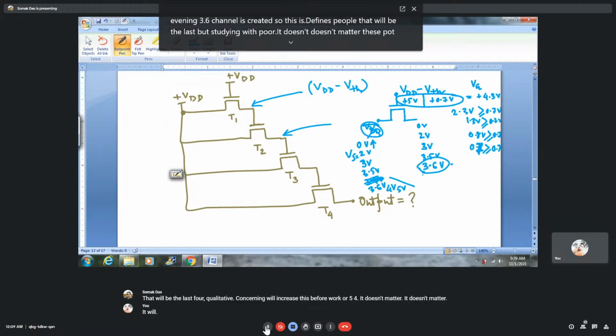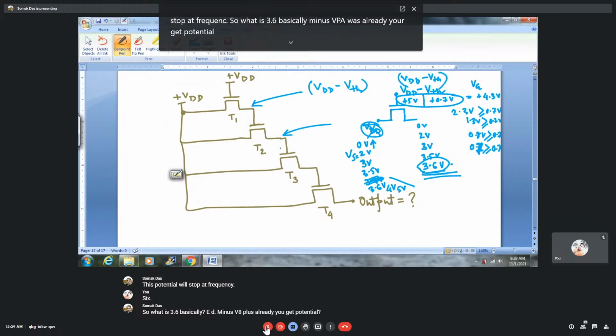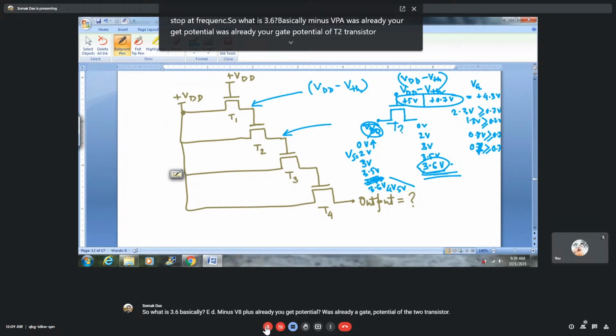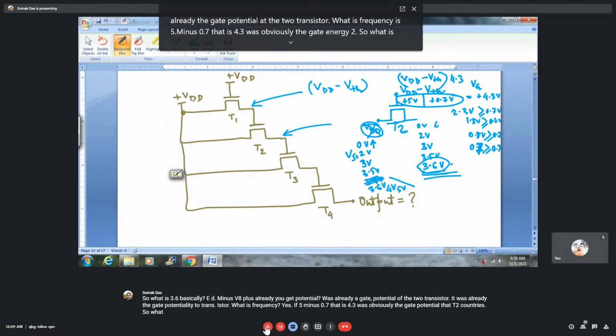This potential will stop at 3.6 volt. So what is 3.6 basically? VDD minus VTH was already the gate potential of T2 transistor. What is 3.6 then? It is 5 minus 0.7, that is 4.3, which was already the gate potential at T2. So 3.6 is 4.3 minus VTH.